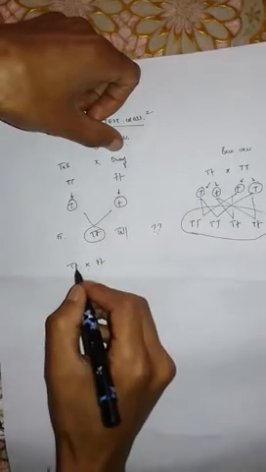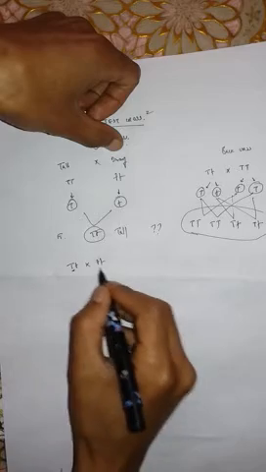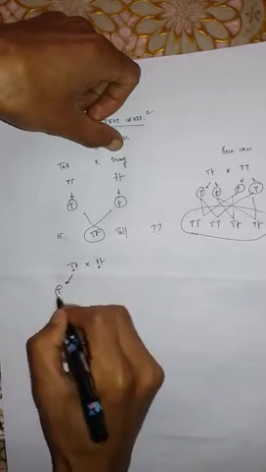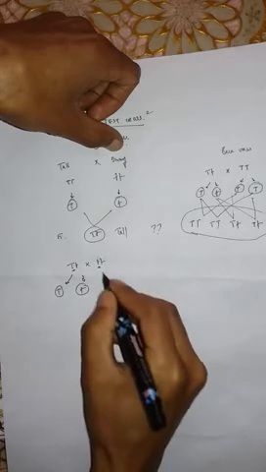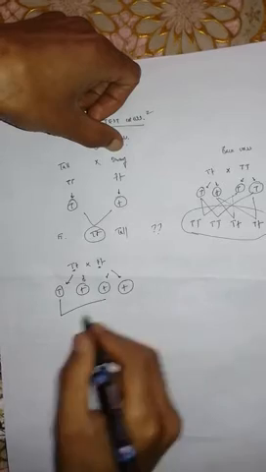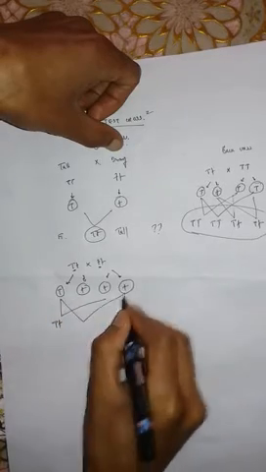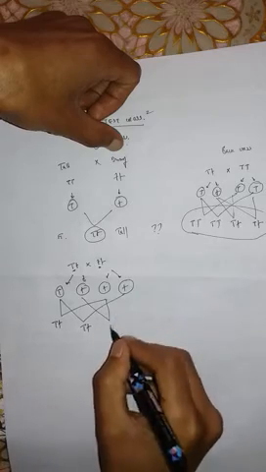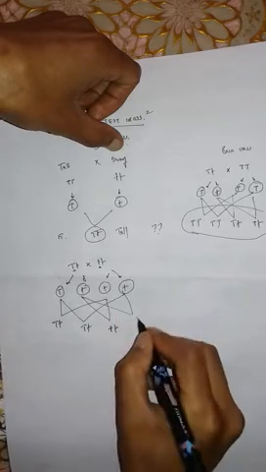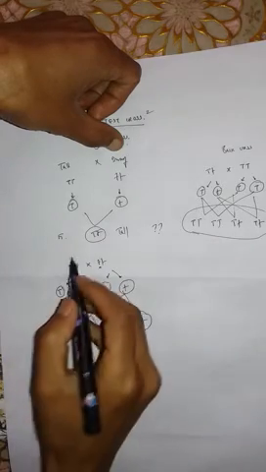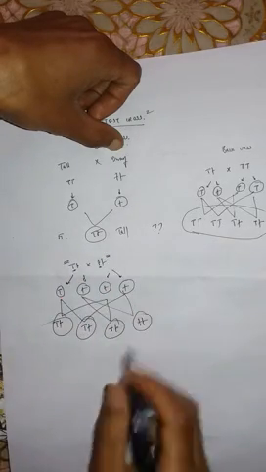So when we cross the F1 hybrid with the recessive parent, the gametes are capital T, small t, and from here small t. Let's fuse them: capital T small t, capital T small t, small t small t, and small t small t.